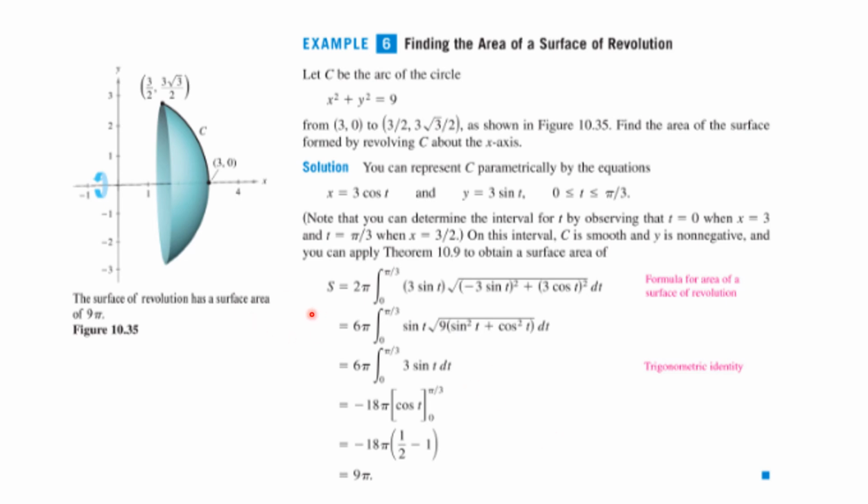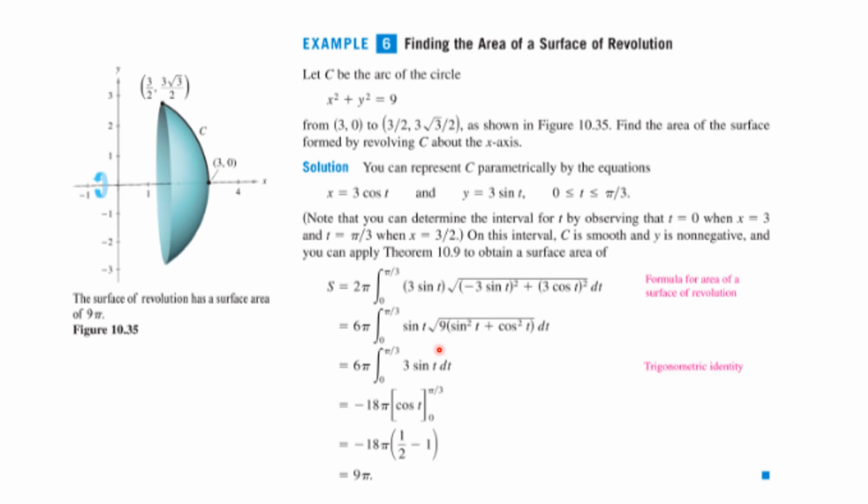This is going to be the integral of y, because we're going about the x-axis, and y was 3 sine of t. We're integrating from 0 to pi over 3, and there's the 2 pi. And then we have to plug in the derivative. The derivative of x is minus 3 sine of t, whole squared. The derivative of y is 3 cosine t, whole squared, and we're good to go with that.